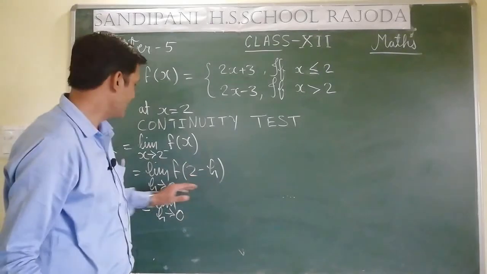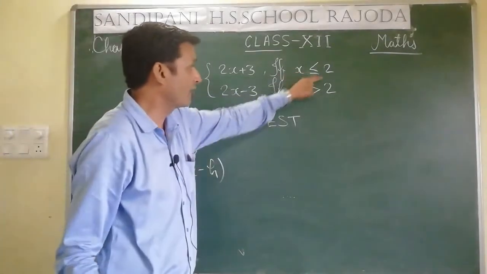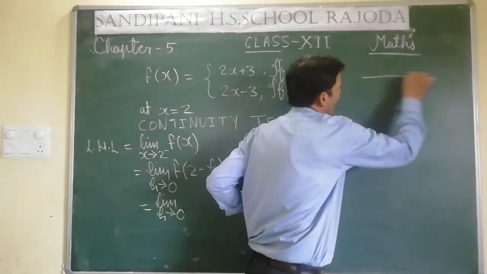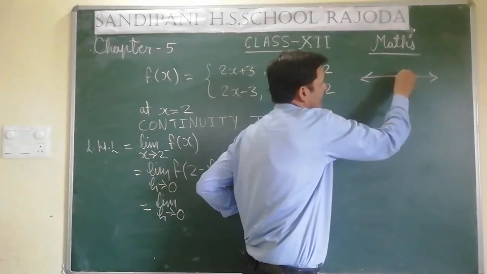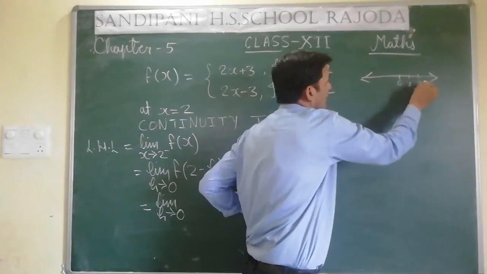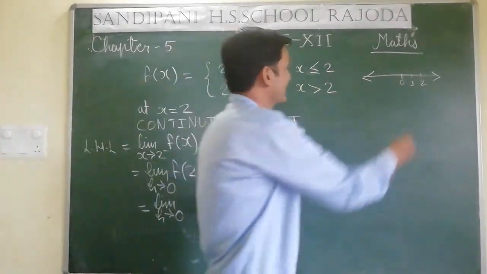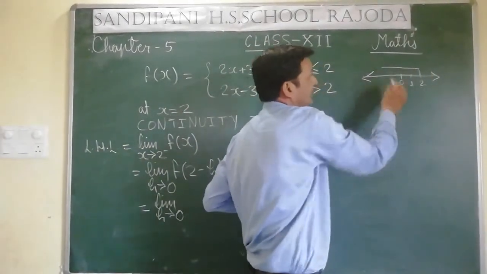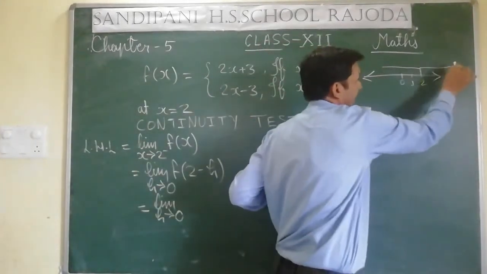Because it is 2 minus h it is left hand limit, and of course if we draw a number line, suppose it is 0, it is 1, it is 2, then 2 minus that is left hand and 2 plus that is right hand.